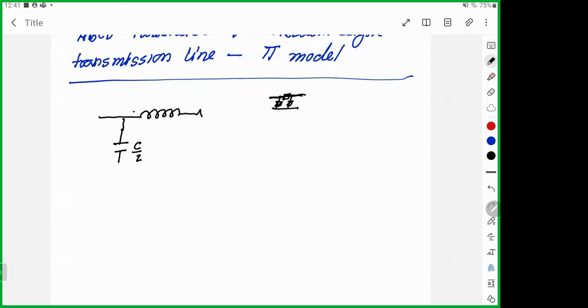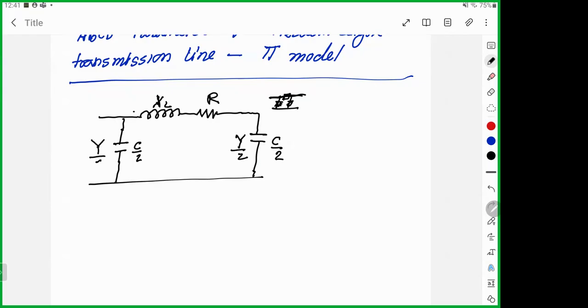So I will have the total R of the transmission line and the total XL of the transmission line at the middle. This one is the capacitance, so similarly it will be C by 2, that means Y by 2, and this one would also be Y by 2.